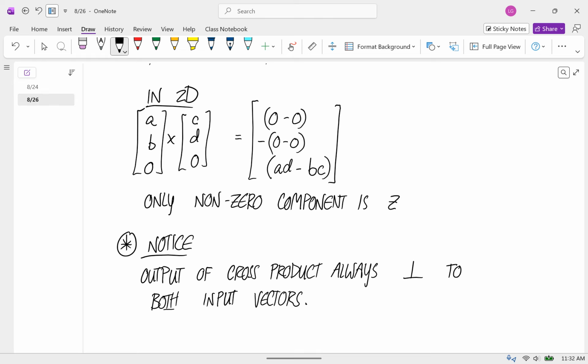Okay, so if you have two vectors that lie in the xy plane, one going this direction and one going this direction, like parallel to the screen, the only way you can make a vector that's perpendicular to both of those is to have it coming out of the page or into the page. And so anytime you take cross products between two-dimensional vectors, the output is going to be in that third dimension.